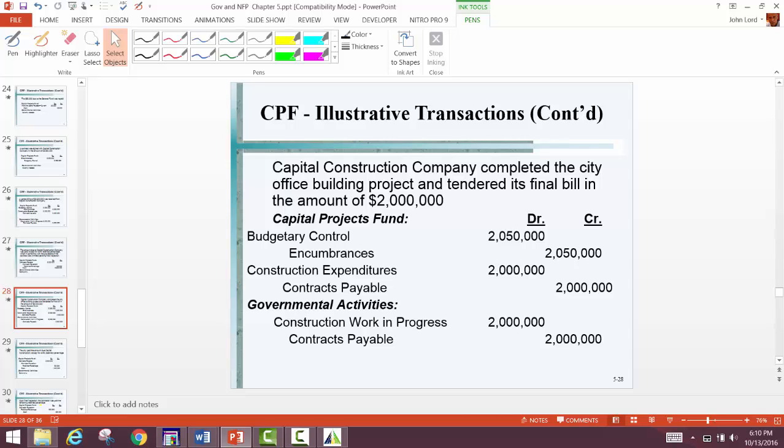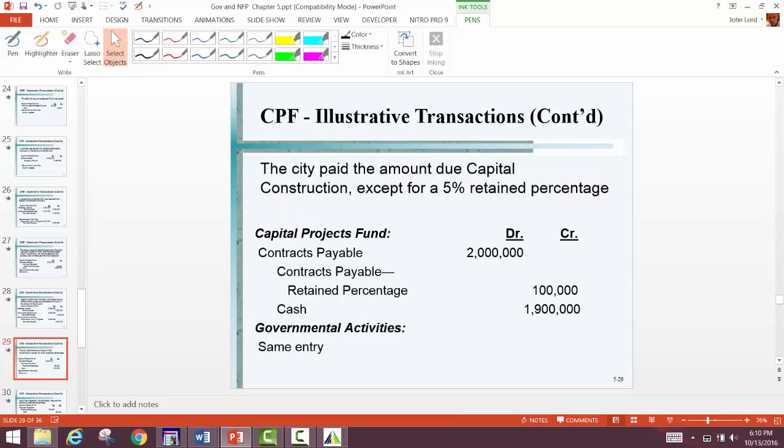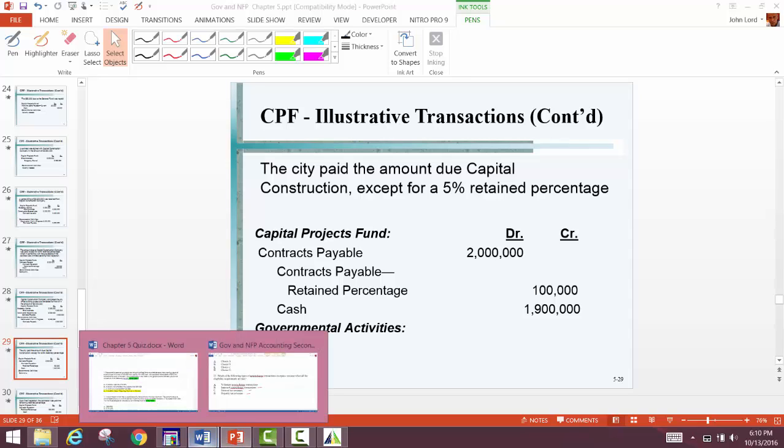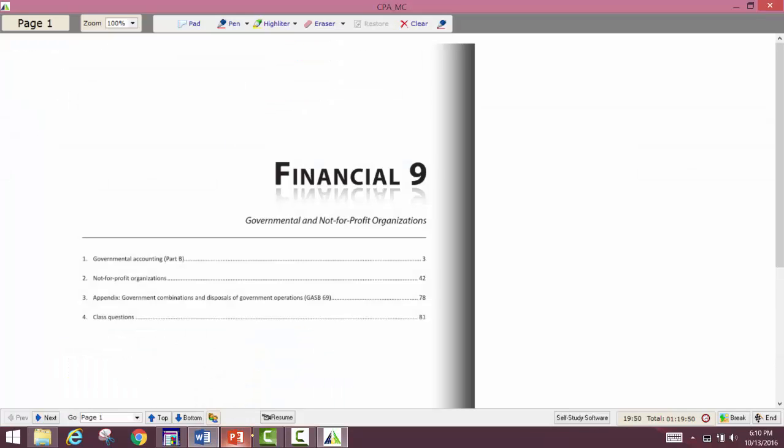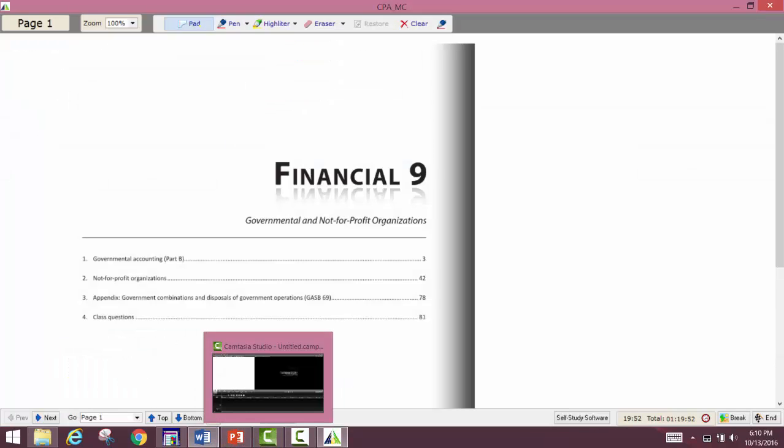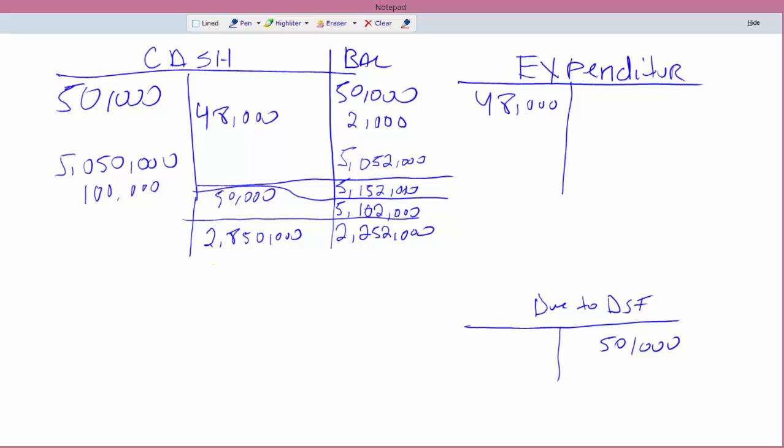At the government-wide level, of course, we're going to keep track of this asset, construction work in progress. We haven't spent that yet. We go over, and again, we pay, but we hold back 5% here. So since we're holding back a little bit, we credit cash for, what was it, 1,900,000 this time?